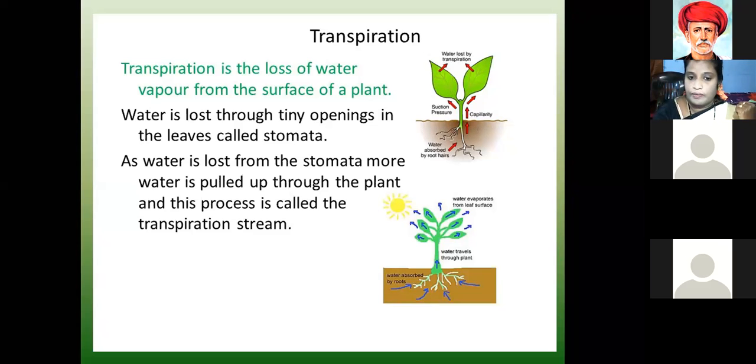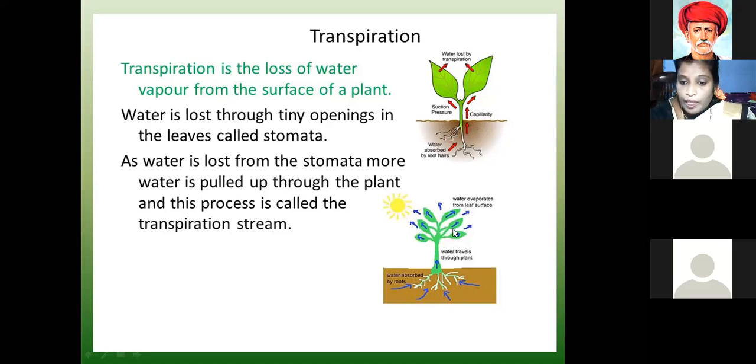Okay. As water is lost from the stomata, more water is pulled up through the plant, and this process is called the transpiration stream. Pull means forward. As water is lost from the stomata, more water is pulled up through the plant, and this process is called the transpiration stream. See in this picture, on roots, water is absorbed by the roots. First, water is absorbed by the roots. The water travels through the plant.